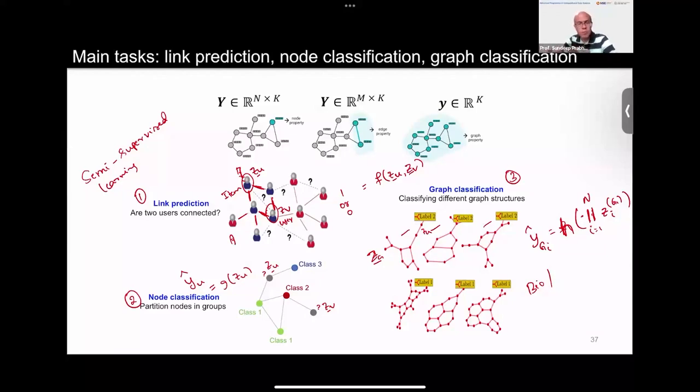That is where this is used, but also for predicting newer graphs. So generation of new molecules is a very interesting area of research.